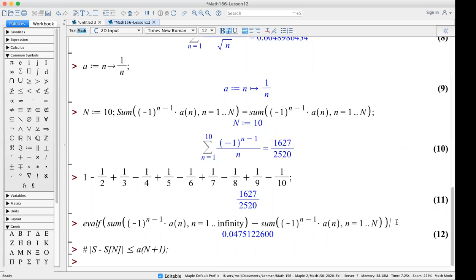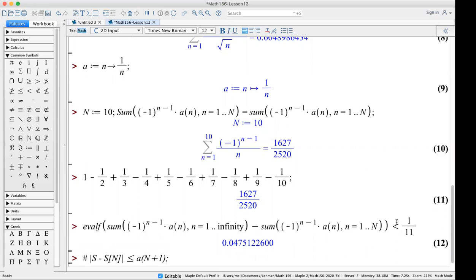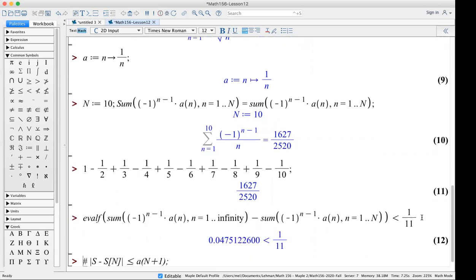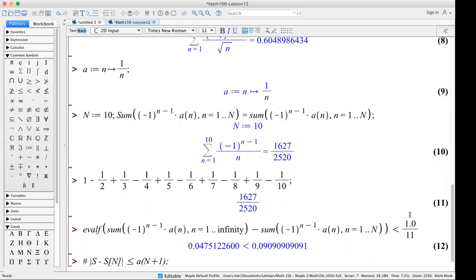I don't know if Maple will allow me to do this. Yeah. So this is the infinite series minus this partial sum of it. This is what we get.